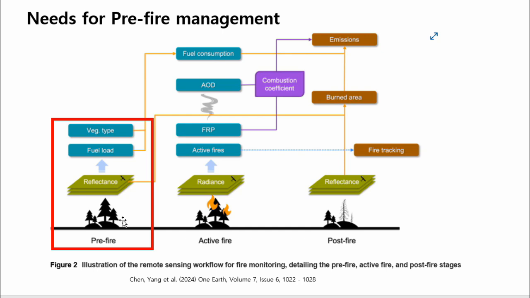MODIS products provide active fires and sometimes smoke information for post-fire management, and they more or less describe the burned areas and even carbon emissions. However, there is a lack of information for the pre-fire stage, despite the high demand.